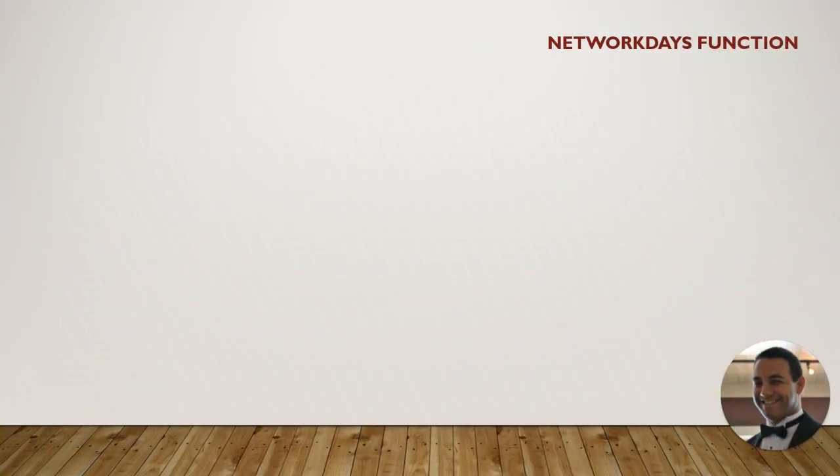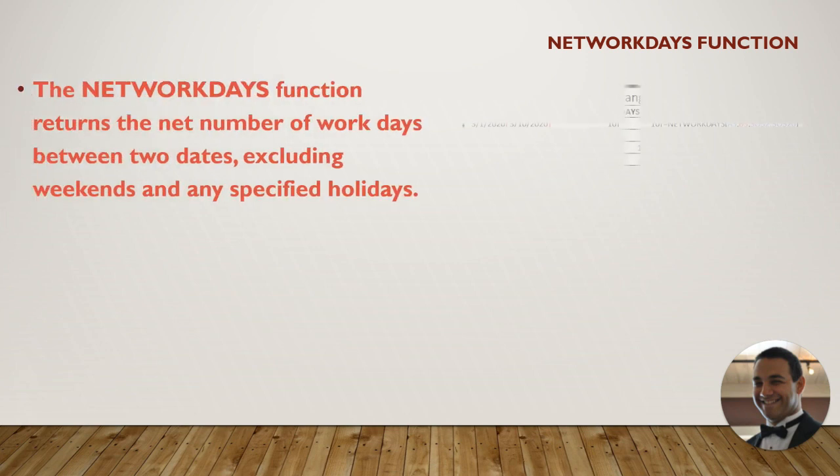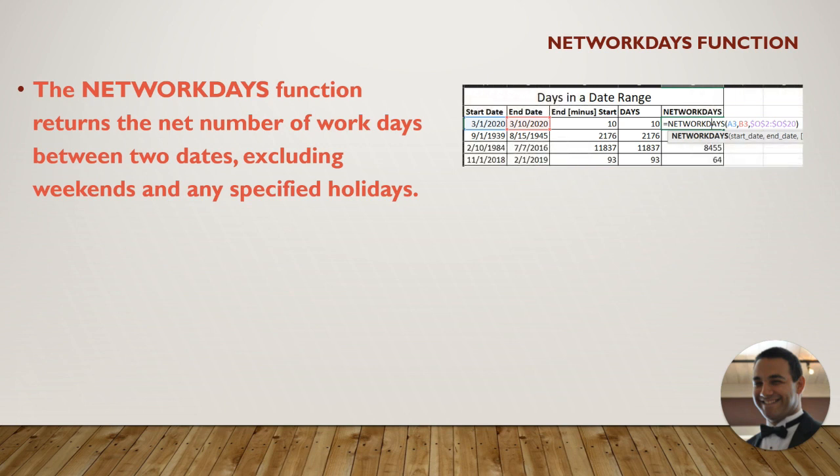You might need a little more functionality than just subtracting the dates or using the days function. One of the things that you might want to do is calculate the number of work days between 2 dates. The NETWORKDAYS function returns the net number of work days between 2 dates, and it excludes weekends, and it can exclude any specified holidays.